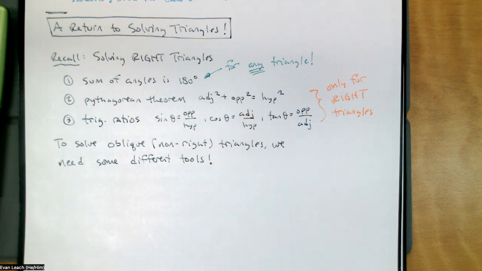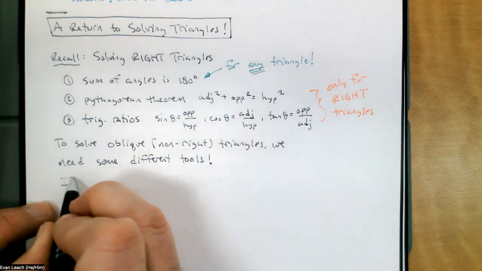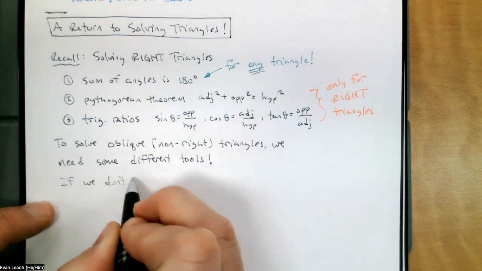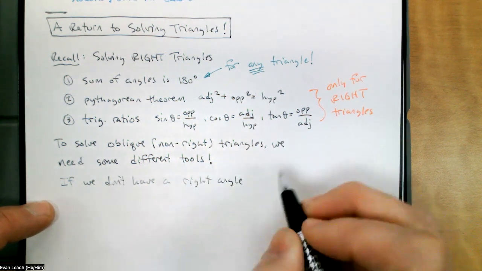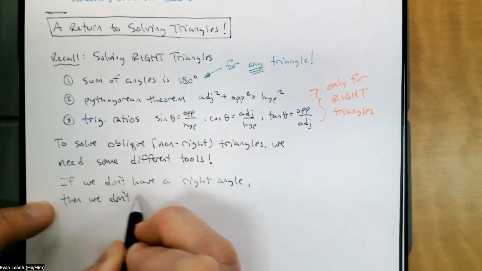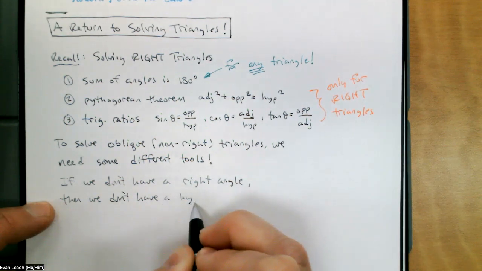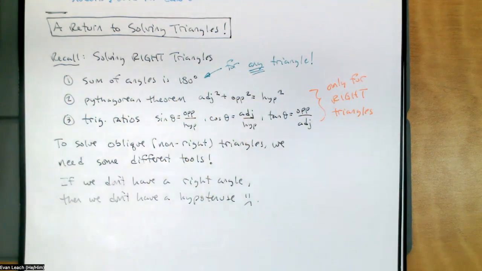No right angle, no hypotenuse. You don't get to use the Pythagorean theorem. If we don't have a right angle, then we don't have a hypotenuse. No trig ratios, no Pythagorean theorem.